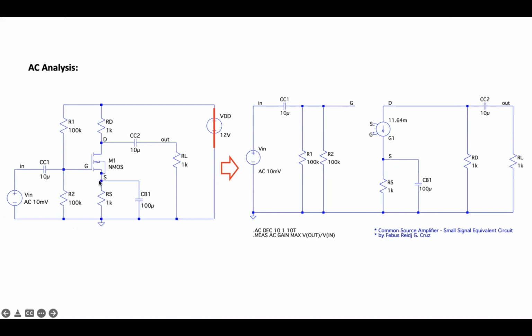On the source, we have resistor RS in parallel with the bypass capacitor. Then for the drain terminal, you have RD connected between drain and ground. Between the drain and the output node, you have the coupling capacitor. Then on the output node, you have RL going to ground. So that comprises the output circuit.